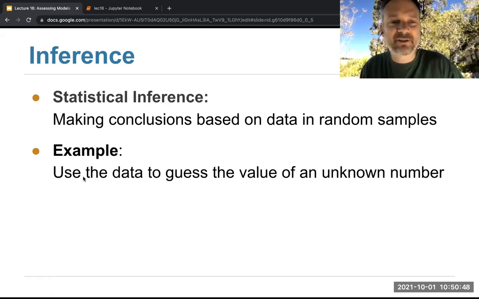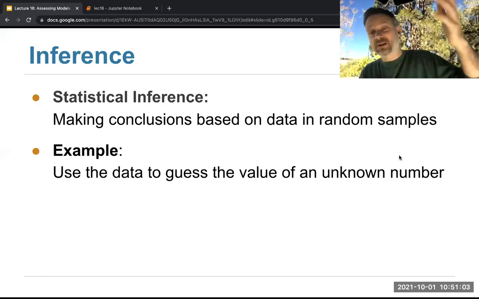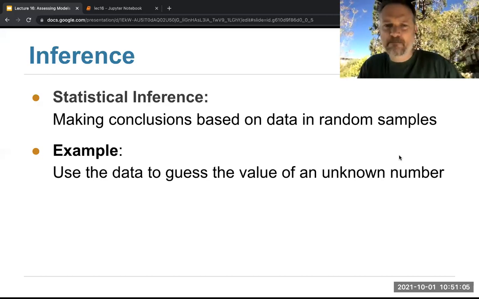That's statistical inference. So we might, for instance, try to guess the value of an unknown number using the observations in our random sample. The unknown number might be, out of all eligible voters, what fraction will vote for Joe Smith?